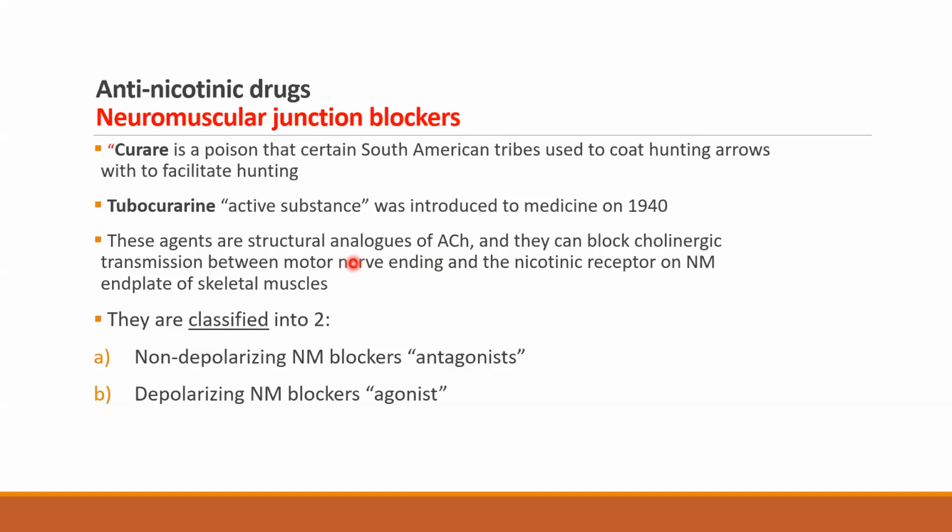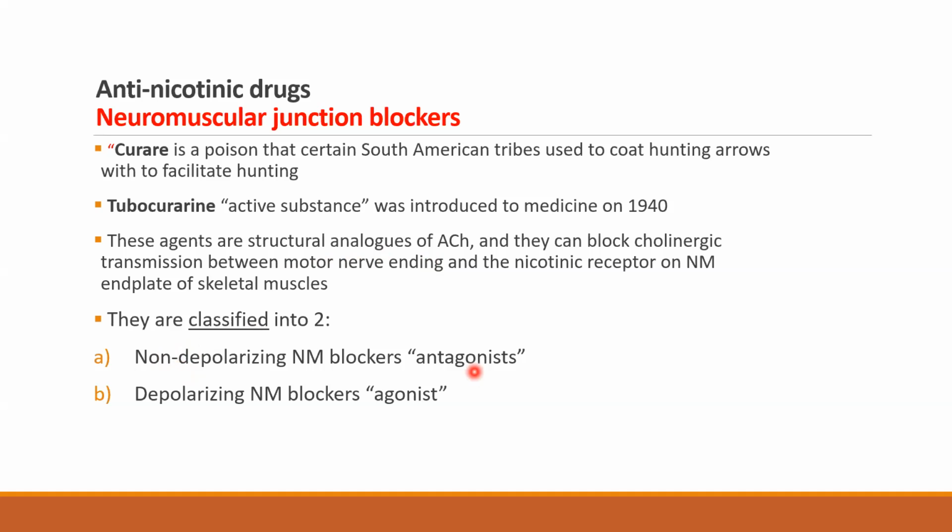However, when we classify them, we have two types. Group A is as simple as just occupying the receptor and not allowing acetylcholine to reach. That is going to produce what we call non-depolarizing neuromuscular blockers, or they work like antagonists to the nicotinic receptor.